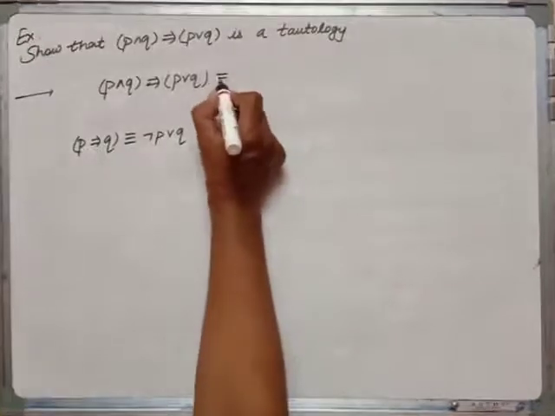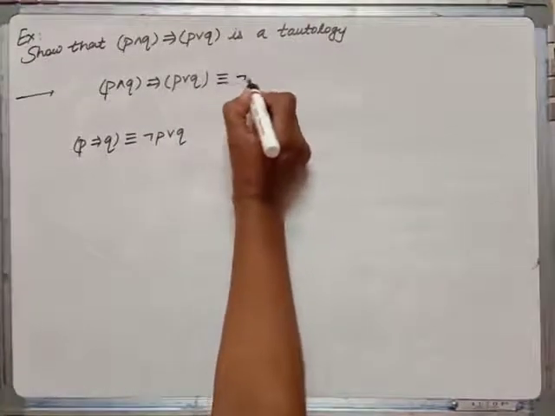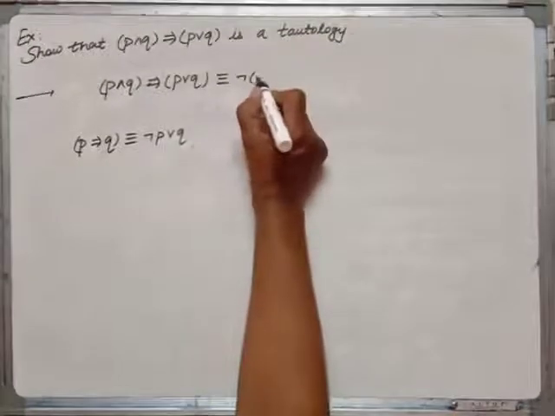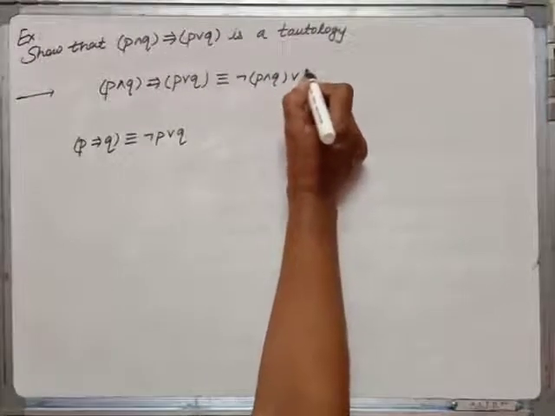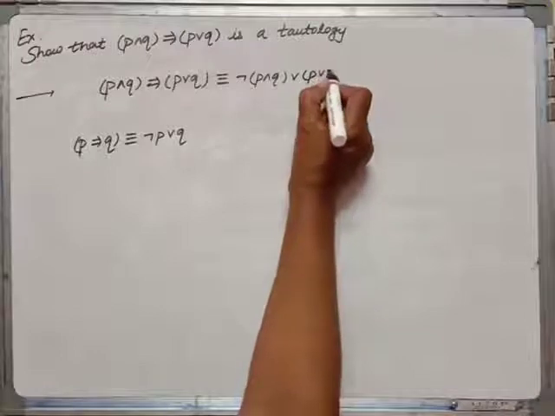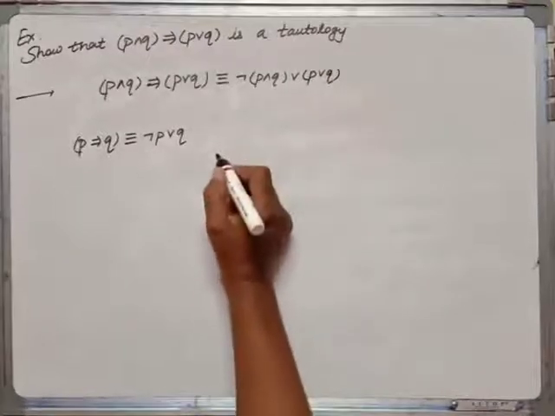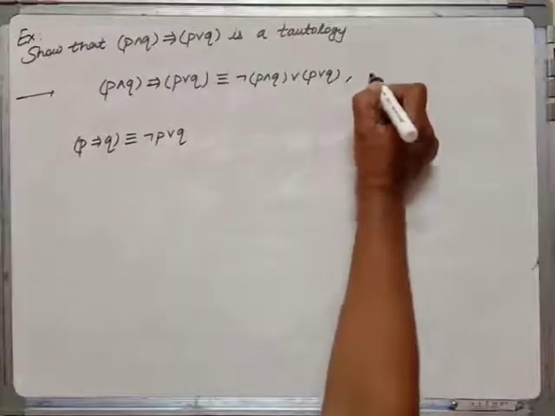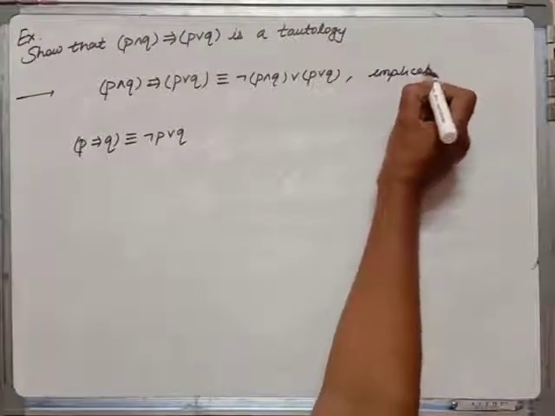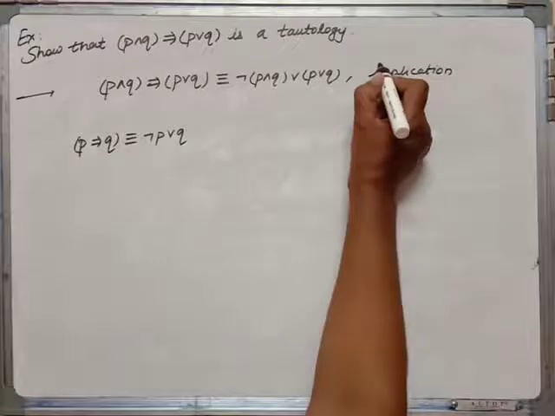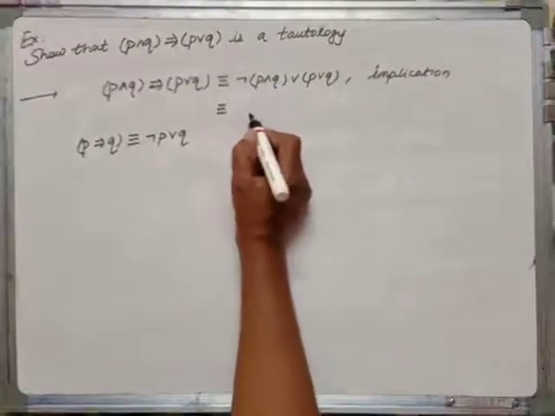So using that, let me write here: negation of the premise, negation of (P and Q), or the consequence P or Q. This is by implication.